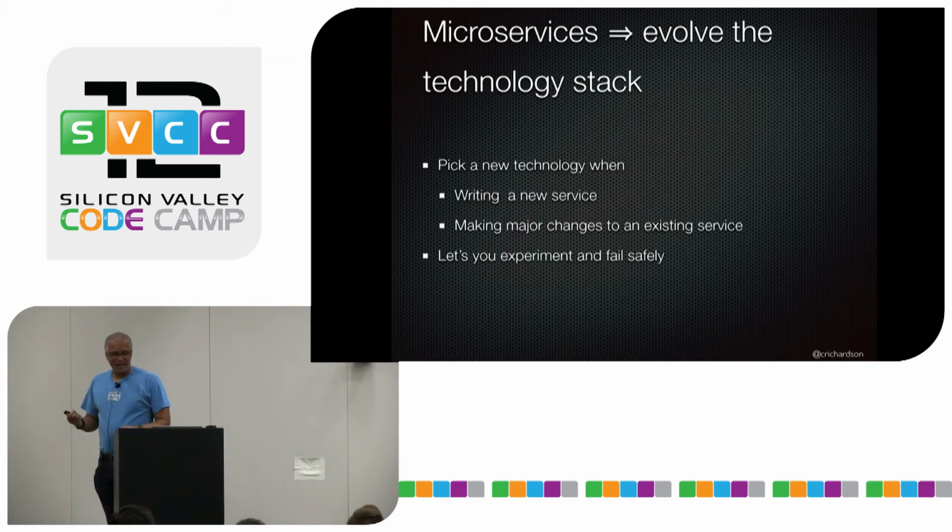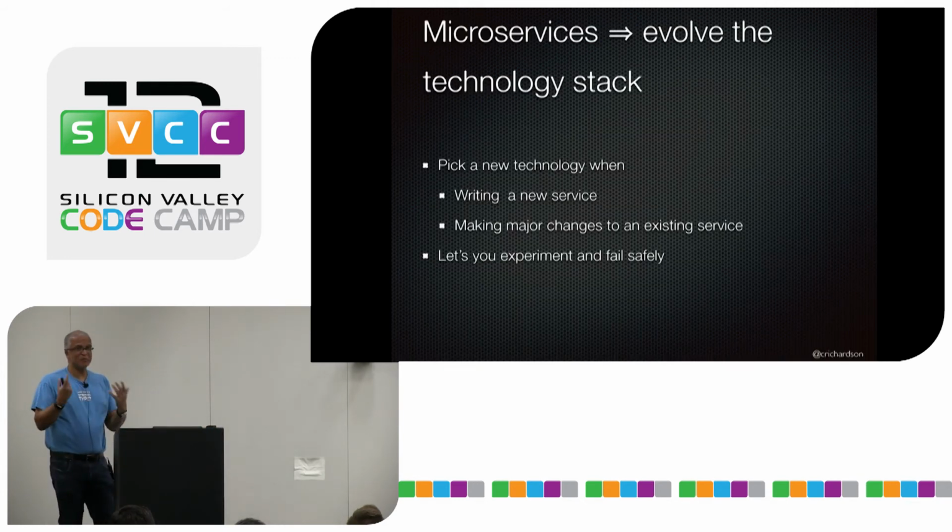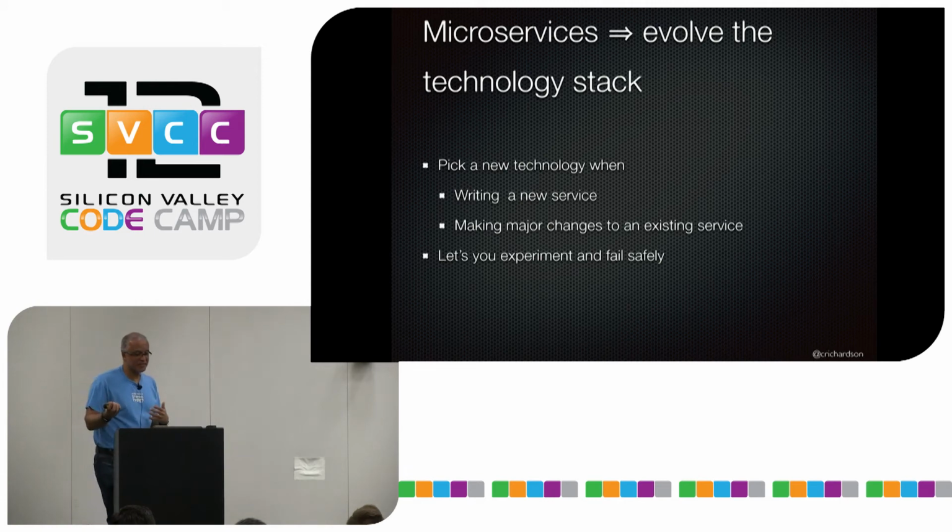And then not only that, it actually enables you to evolve your technology stack as well. Because when you write a new service, at that point, you're free to pick whatever technology stack makes sense for the problem you're trying to solve. Or you can pick the latest fashionable thing, right?